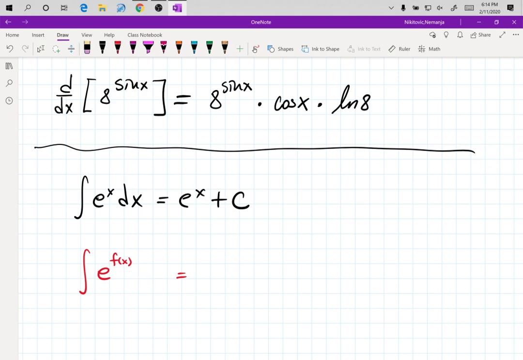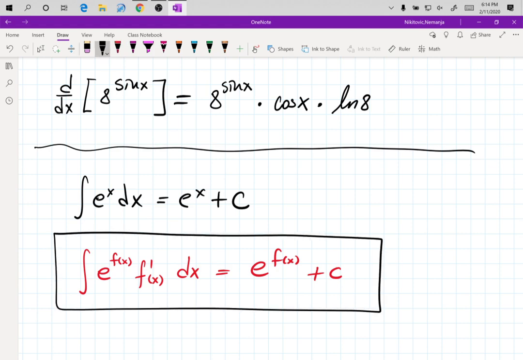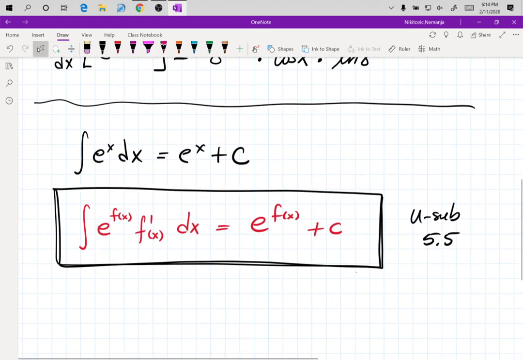Oh, oops. e to the f of x times f prime of x. Holy nightmare. Bad day. It is going to be e to the f of x plus c. So this is your u-sub, 5.5 from Calc 1, and most of your examples are right there.